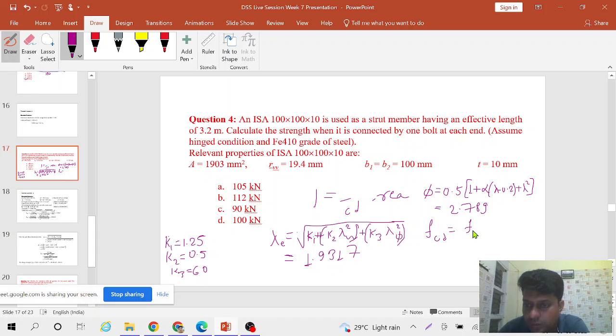47.31. Yes, correct. And the design strength is 90 kilonewton. 90.04. Yes, correct.